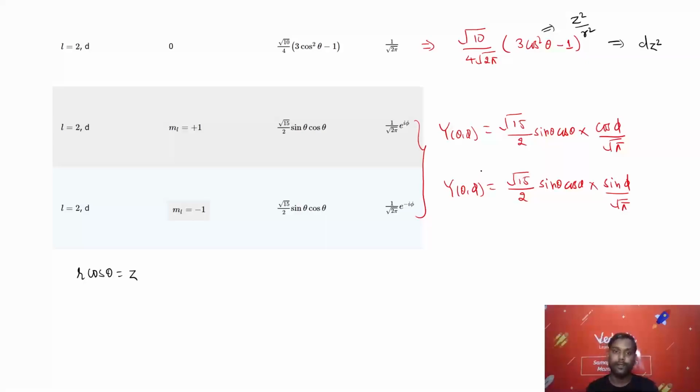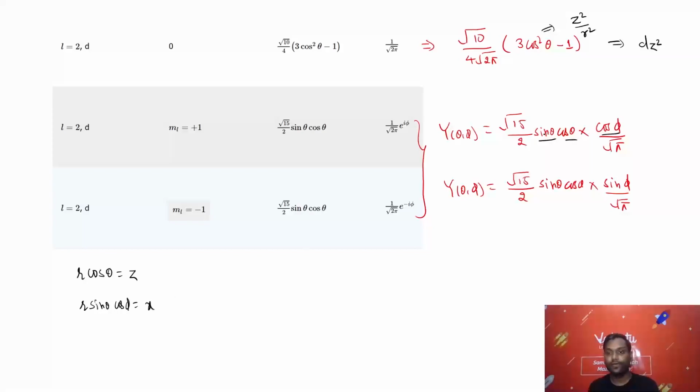Now these two d orbitals we have obtained by combination of +1 and -1. So let us see which one is representing which of the remaining 4 d orbitals. The terms we want to replace are these sine theta cos phi in terms of x, y, z. I know that r sine theta cos phi is equal to x.